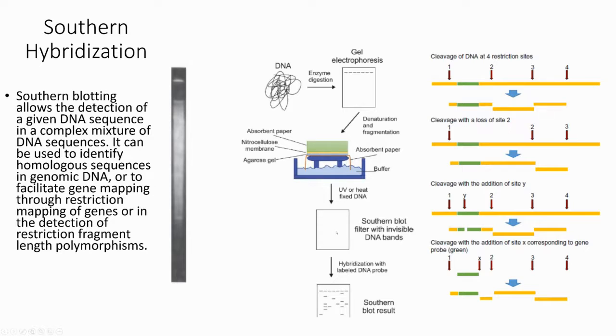Then you fix the DNA on the membrane through UV light or heat. After you transfer, the DNA on the membrane is invisible. In order to visualize the DNA, you need to hybridize with a labeled probe so that you can see the signal. Okay, so that's Southern hybridization.